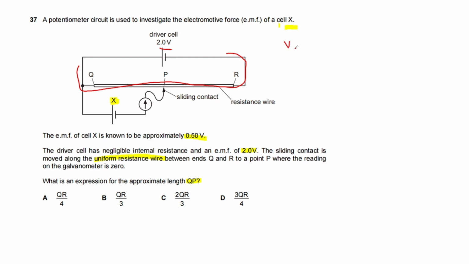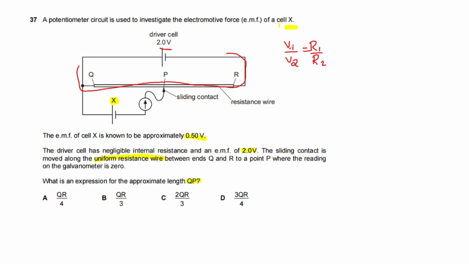So we can use this formula: V1 divided by V2 is equal to R1 divided by R2. Here the two potentials are one of the driver cell and another of the unknown cell, and the resistance is this length. The length of the resistance wire is proportional to the resistance value.